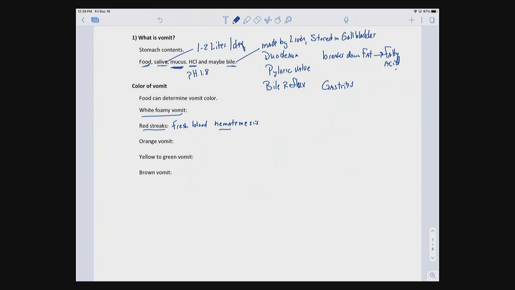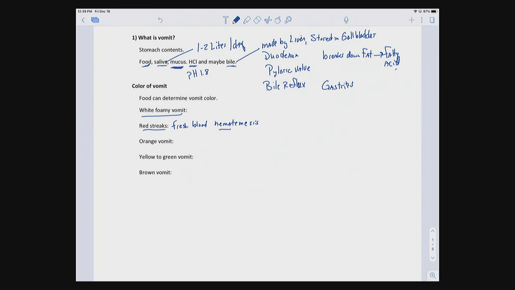So obviously, if the patient has red streaks in the vomit, then you've got something else to consider as you are working through your process of trying to figure out what's going on with your patient. Sometimes vomit can be orange. In fact, a lot of times it can be orange.